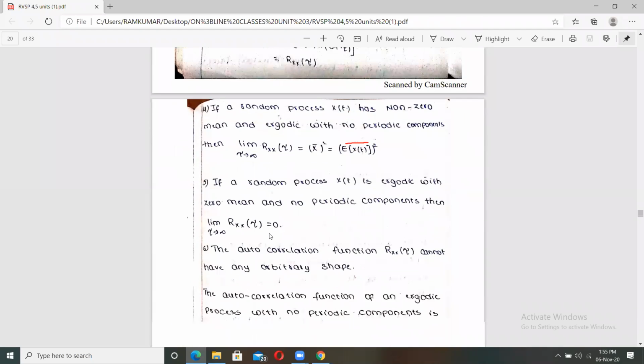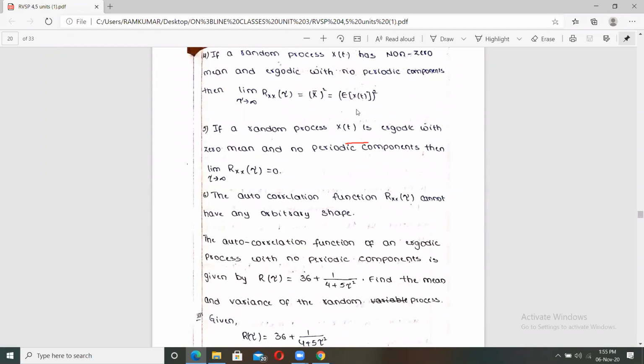And for this property, it is E of x of t whole square for non-zero mean. The autocorrelation function does not have any arbitrary shape. This is the other property.